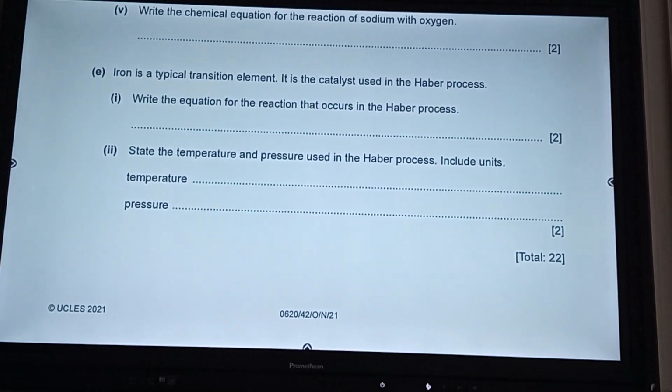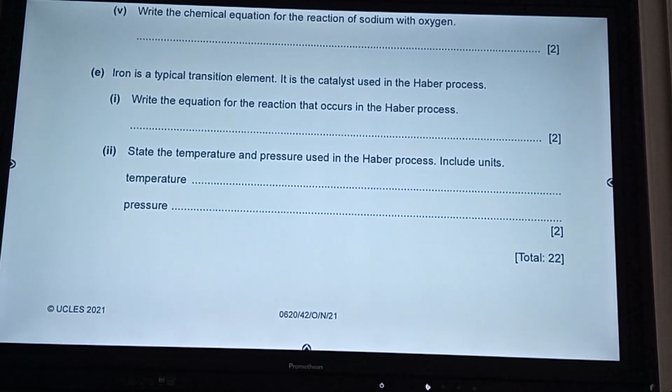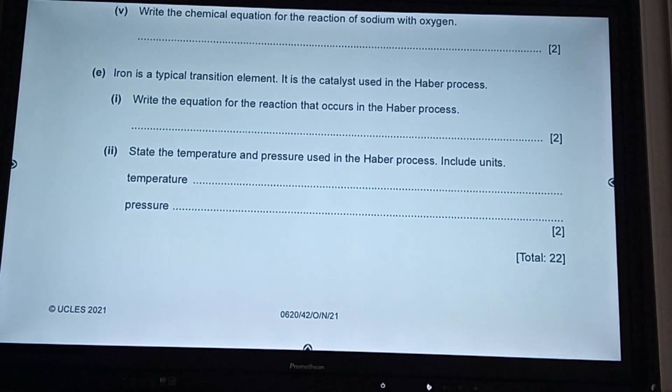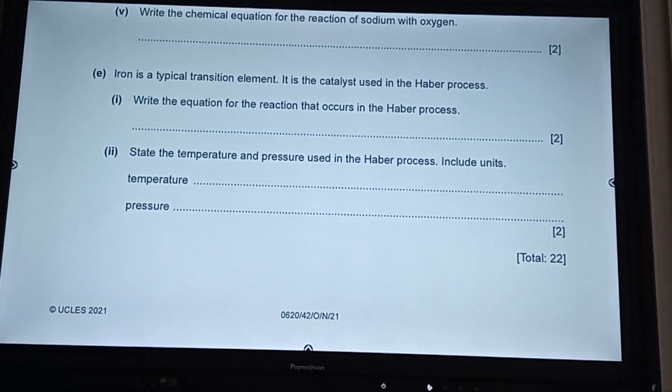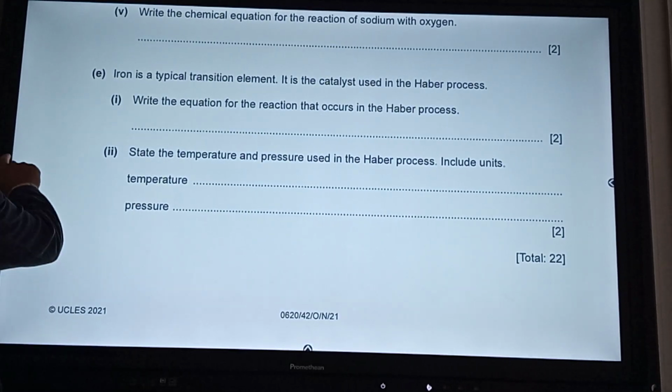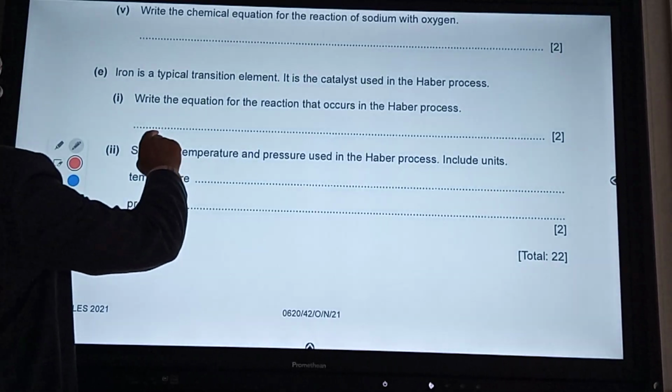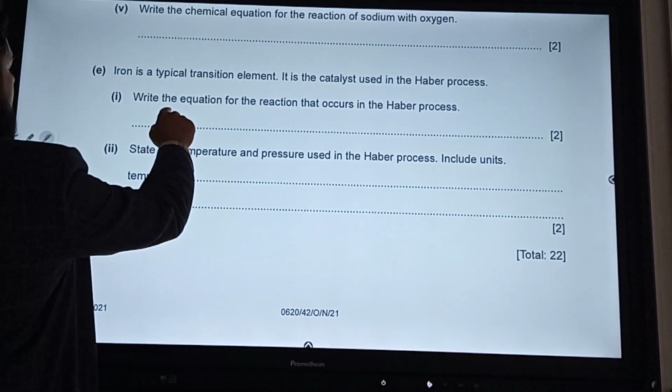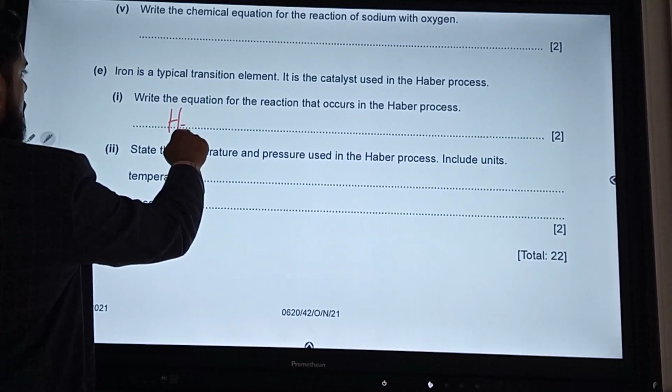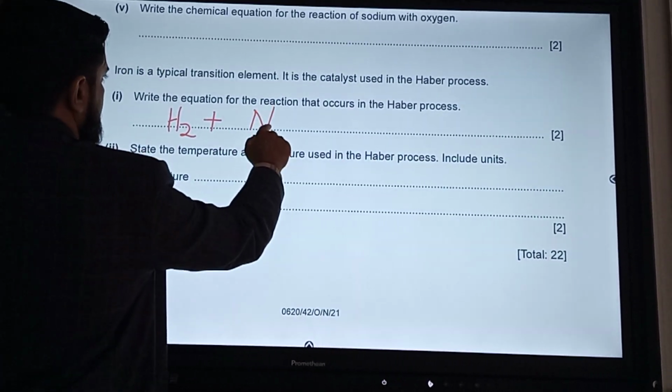It says iron is a typical transition element. It is the catalyst used in Haber process. Write the equation for the reaction that occurs in Haber process. So I think you remember that. What was that? We are going to react hydrogen with nitrogen.